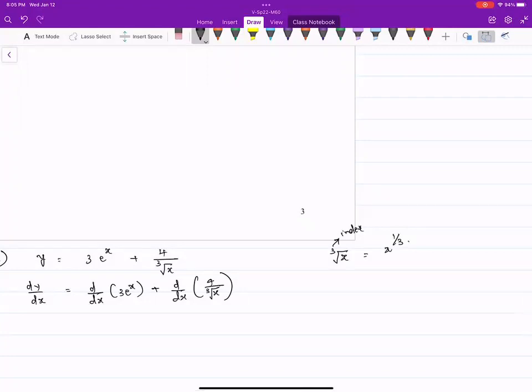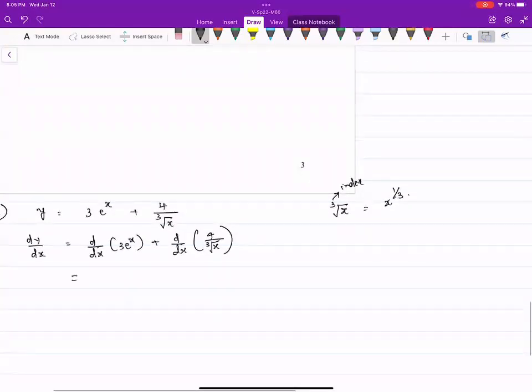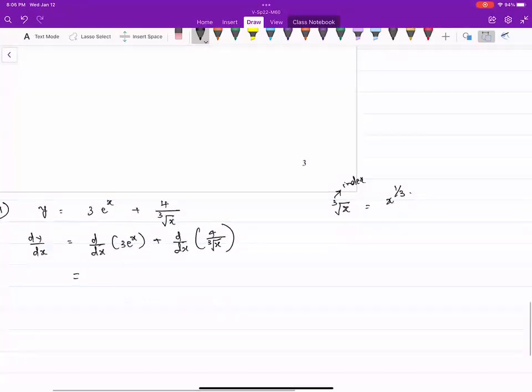In the rational exponent form, it becomes x to the power 1/3. It makes sense to write it that way because the power rule always applies to x, the variable, as the base. The exponent should be a number. We want to make it look like a number so that we can apply the power rule. This 3 is a constant which can go out of the derivative symbol.